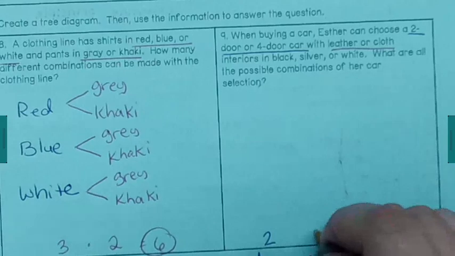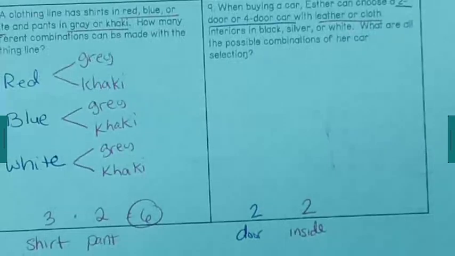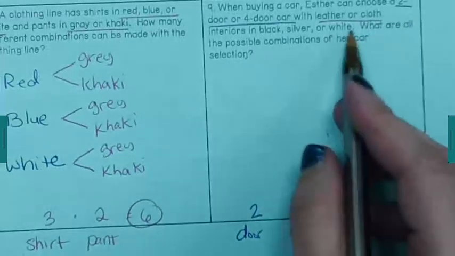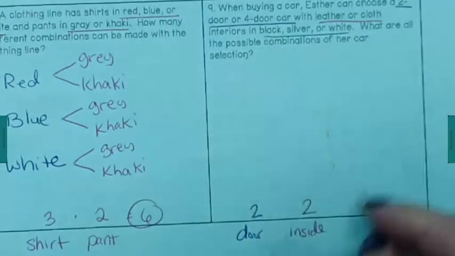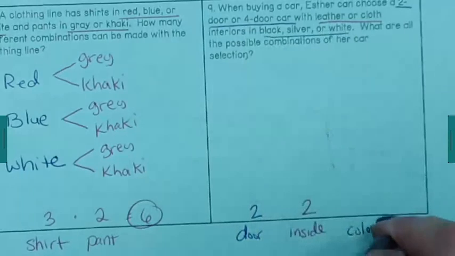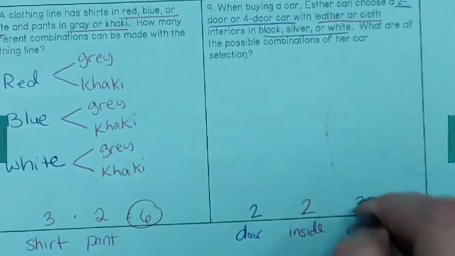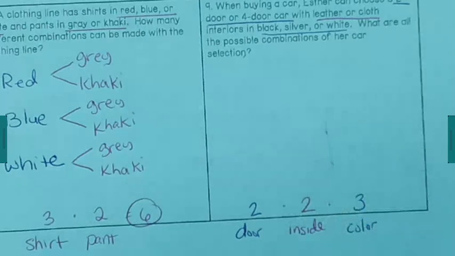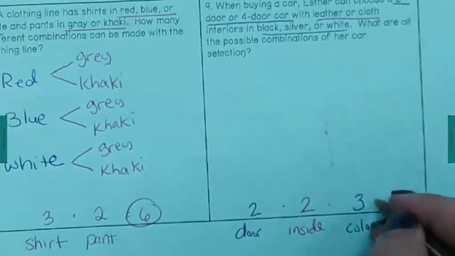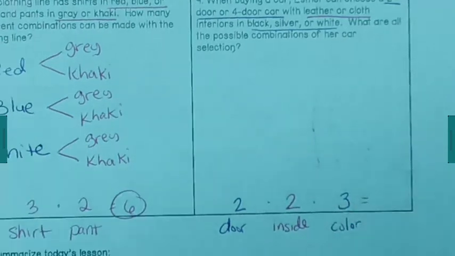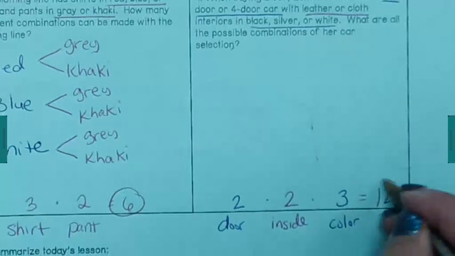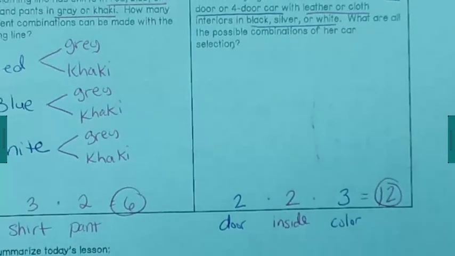How many options is that? 2. And then the final category is black, silver, or white. So those are colors. How many colors are there? 3. So how many total different options should there be? 12. But this one wants us to make a tree diagram, so we need to do a tree diagram.